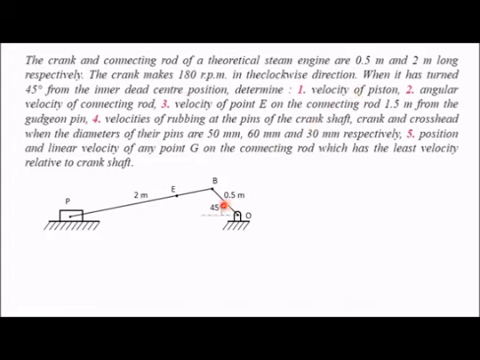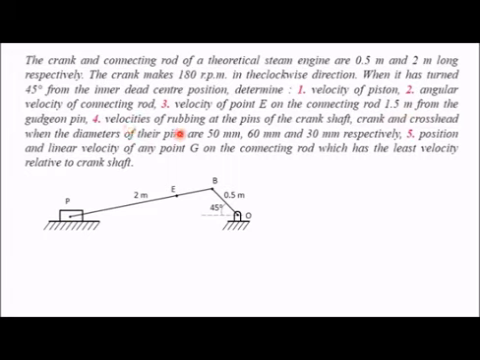The connecting rod length is 2 meter, and we have to determine the velocity of piston, the angular velocity of connecting rod BP, and the velocity of point E on the connecting rod, where PE is equal to 1.5 meter.